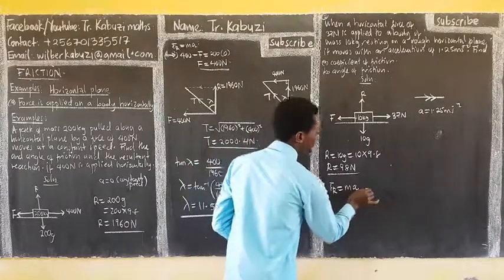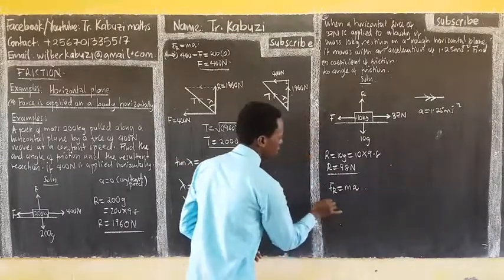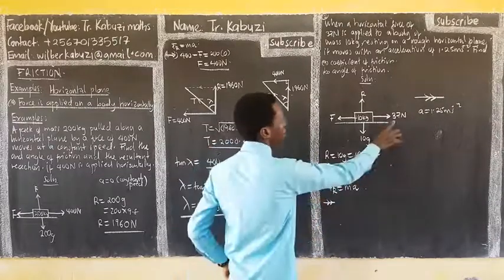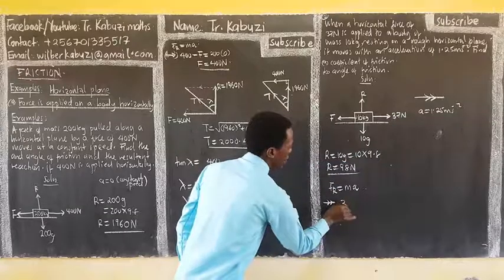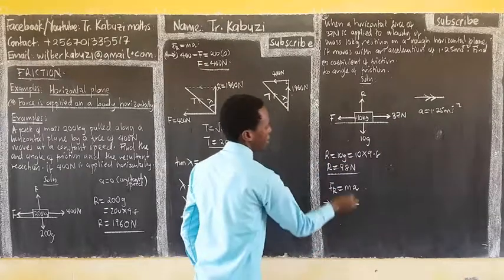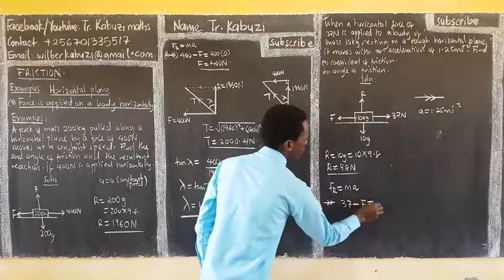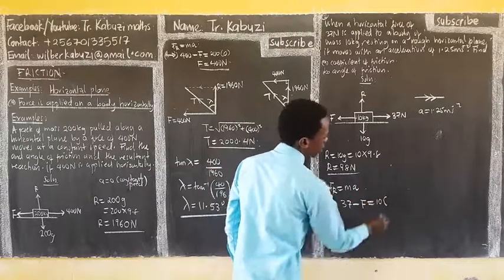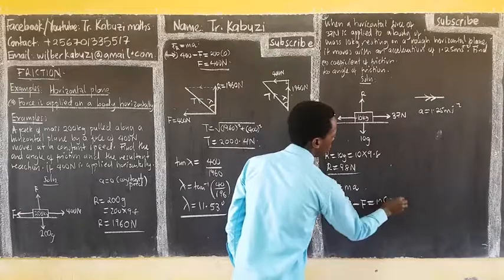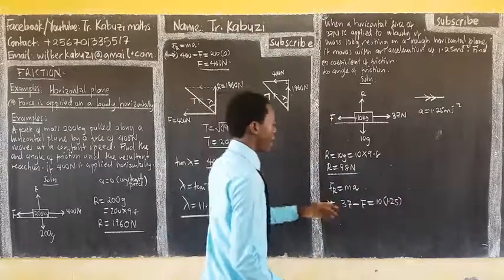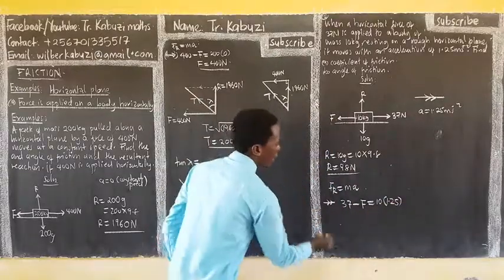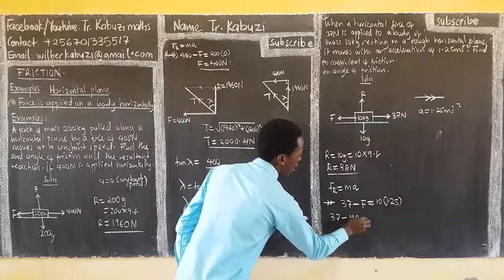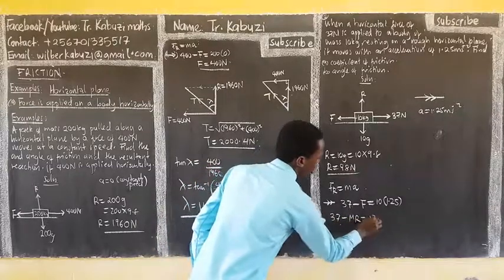Our acceleration is in this direction, meaning that what is pulling it in that direction is 37, minus the opposite, the frictional force. It will be equal to the mass of the particle, which is 10, times the acceleration 1.25. So we have 37 minus mu R equals 12.5.